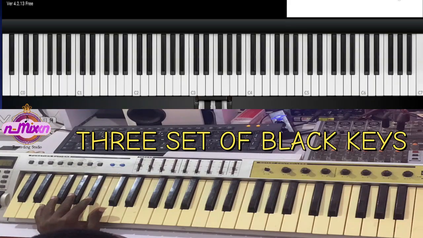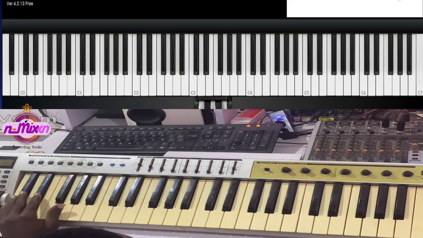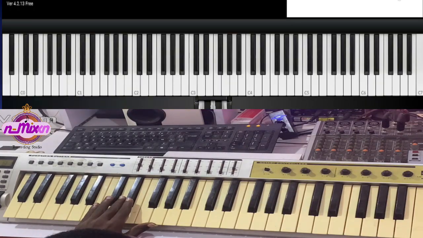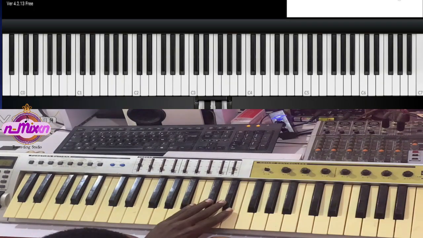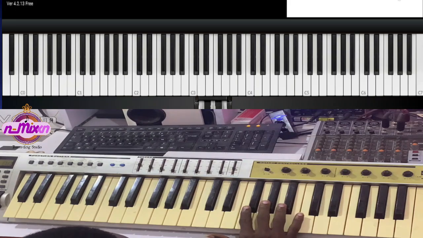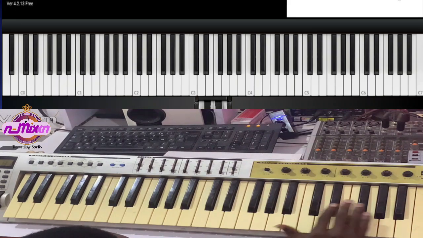Yes, a 3 set here. There is also another 2 set here. So starting from the left side, we have 2 set, 3 set, 2 set, 3 set, 2 set, 3 set, 2 set, 3 set, in that order.